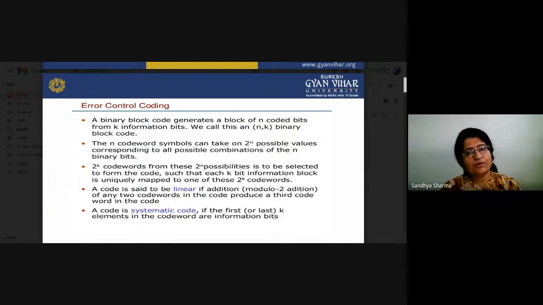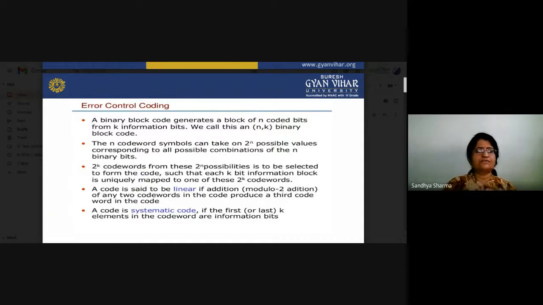And if you are talking about the data values, 2 raised to power k code words from these 2 raised to power n possibilities are to be selected from the code, such that a k-bit information block is uniquely mapped to one of these 2 raised to power k code words. In further slides, we will see that a code is said to be linear if the addition of any two code words in the code produces a third code word in the code.